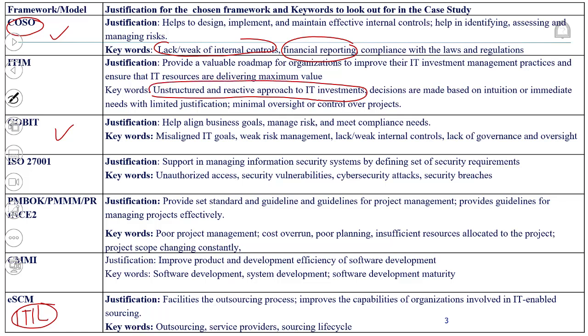In other words, unstructured. Somebody from the sales department says, I want this particular system, and it is bought. Somebody in the HR department says, I want this particular system, and it is bought. There's no proper way in which the IT investments are being carried out. Then you definitely know that there's a problem with the IT investment.